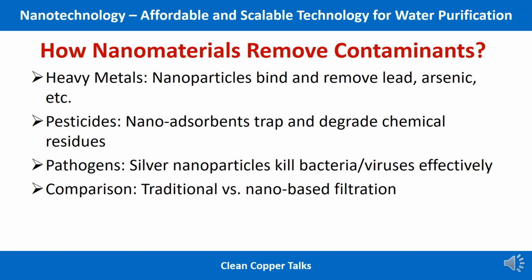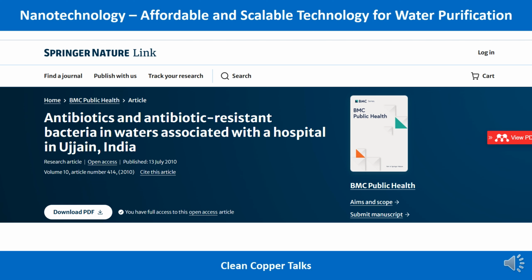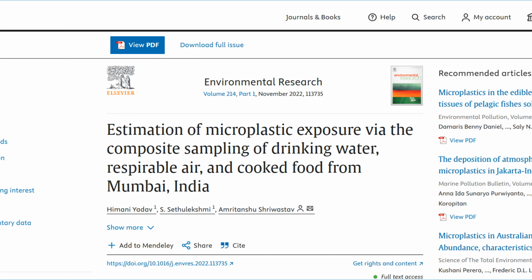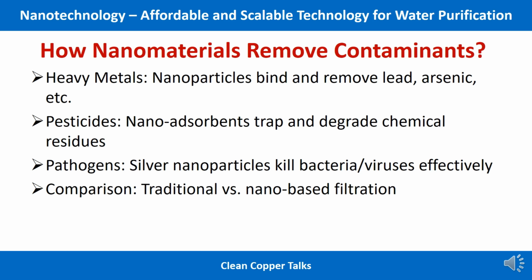So, how do nanomaterials remove contaminants? As I told you, there are different types of contaminants such as heavy metals, pesticides, pathogens, antibiotics, pharmaceuticals, personal care products, micropollutants, and many more emerging contaminants which today can be found in very small quantity, trace level, microgram per liter to nanogram per liter, even in treated drinking water, and not just in India but around the globe.